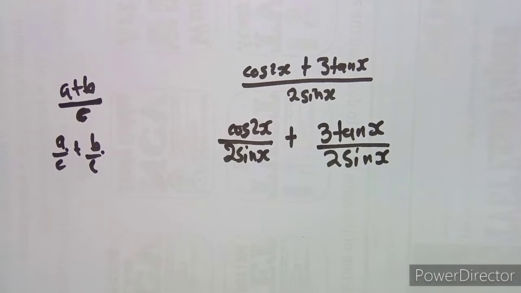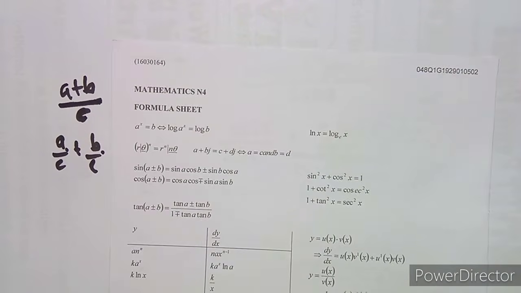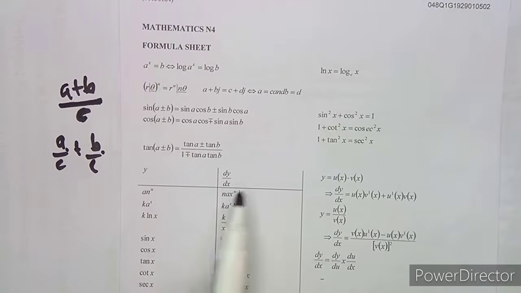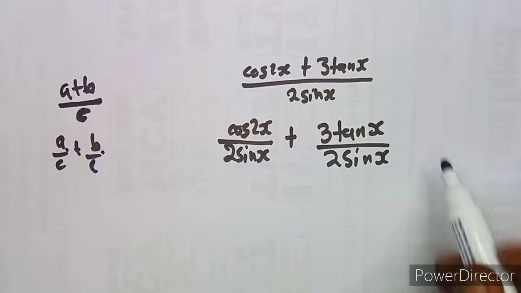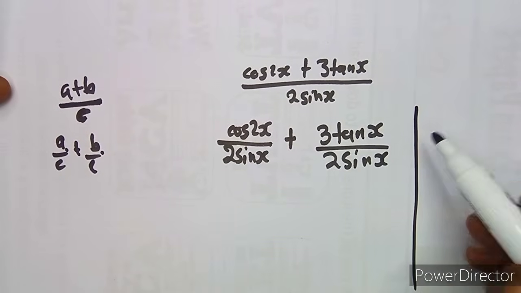Cos 2x, I want you to see that here you do not have the identity that replaces cos 2x. So I want you to be very clear about this, so that in the exam you know that you are not given it. But you have got 3 identities that you can use for cos 2x. So I'm just going to take them so that I'll show you which one I am going to use.